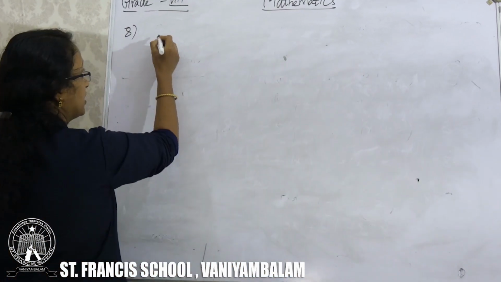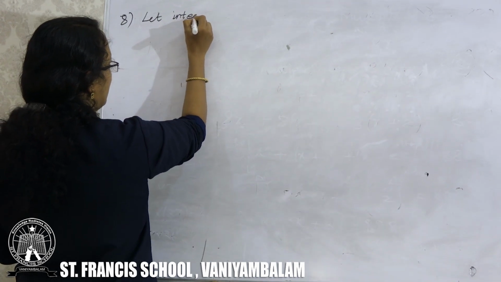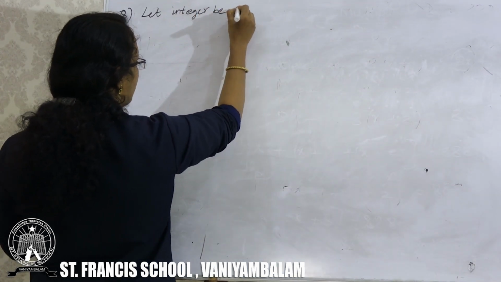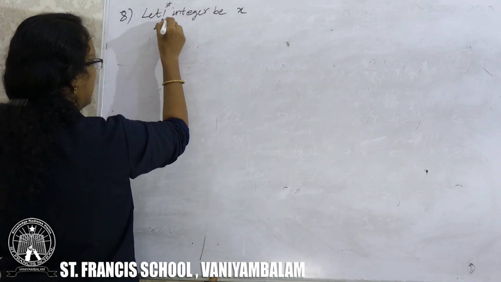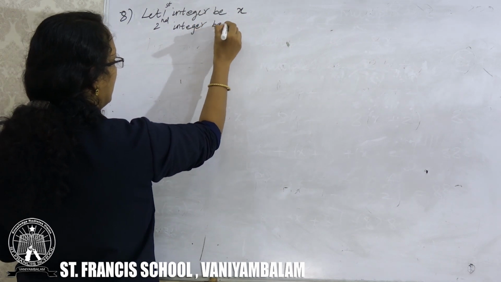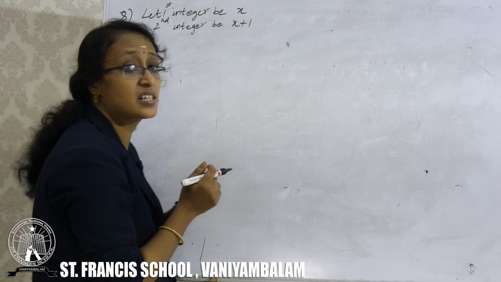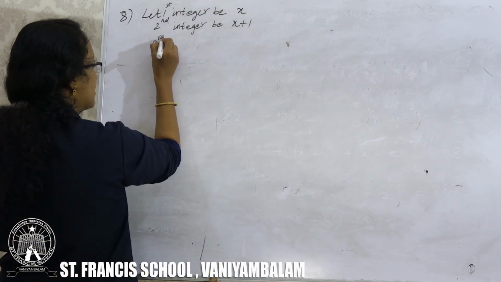Consecutive integers: let the first integer be x. The second integer is x plus 1, because it is given consecutive, so continuous. I need the continuous integers.